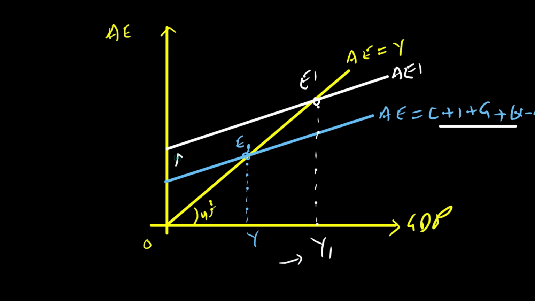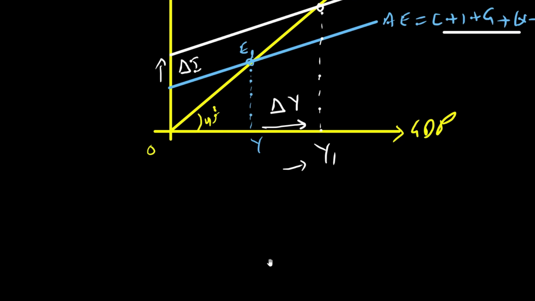So this rise in investment from this point to this point has resulted in a rise in real GDP, or change in income from Y to Y1. So the rise in real GDP will be multiple times more than the rise in investment. Whenever investment increases in an economy, maybe in the form of multinational companies or local companies, or maybe increase in government expenditure, then a little increase in investment will lead to a multiple times increase in national income or GDP, and it is also known as the multiplier effect.